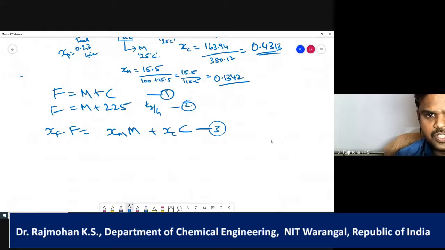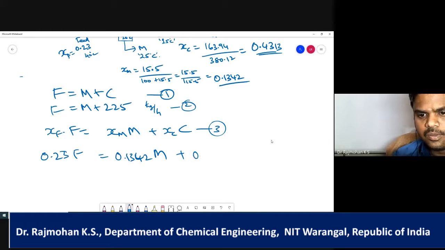So values we have just determined. It is given 0.23 into F is equal to Xm, which is 0.1342 into M plus 0.4313 into C. C value is 225.